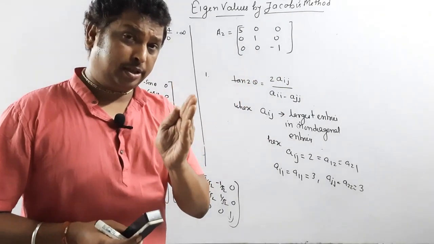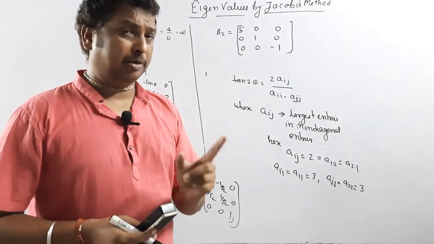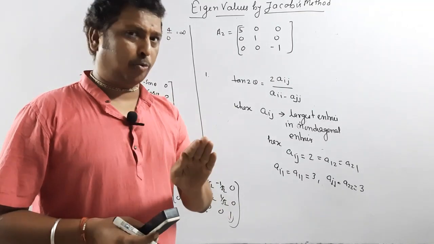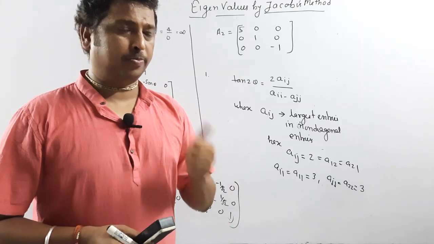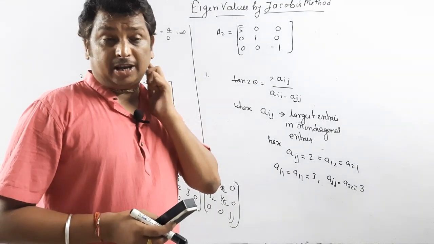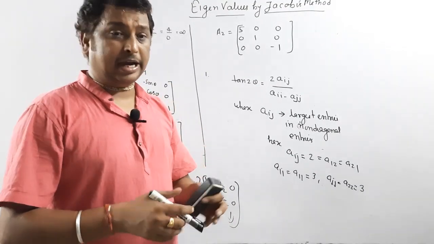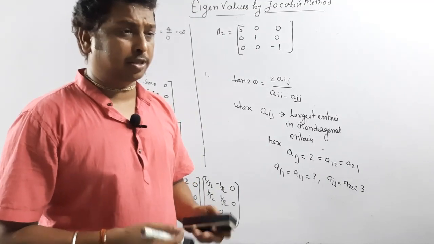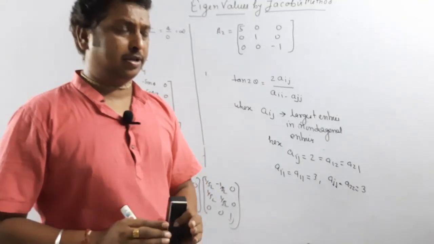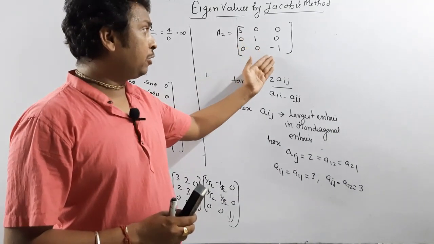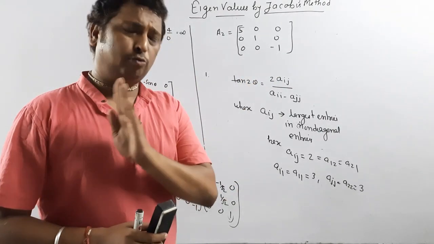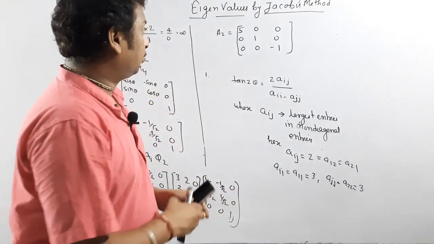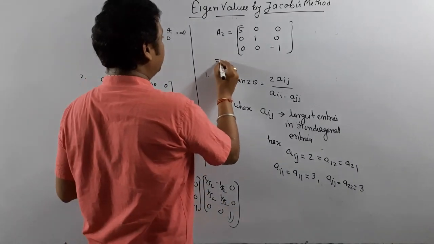Once An becomes a diagonal matrix, stop. When do we stop? When the iteration matrix becomes a diagonal matrix. Because it becomes diagonal after the second iteration, it is over. Stop.